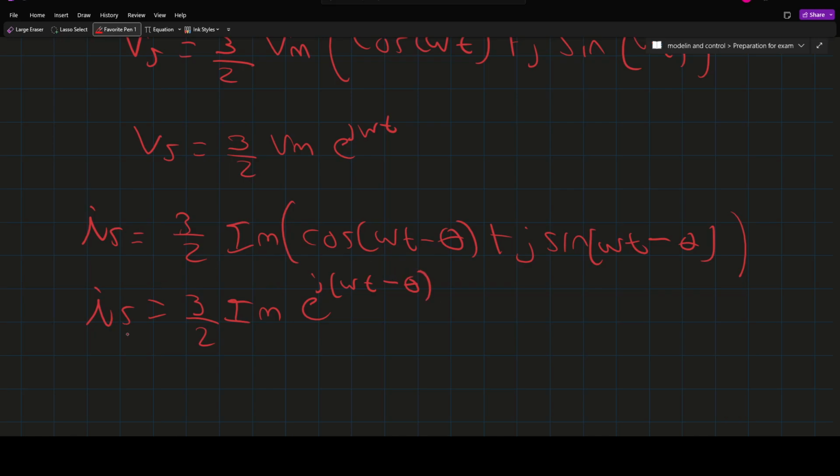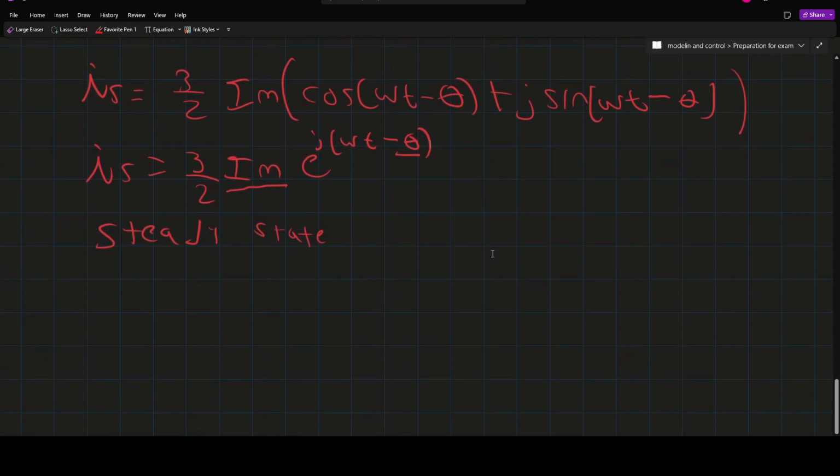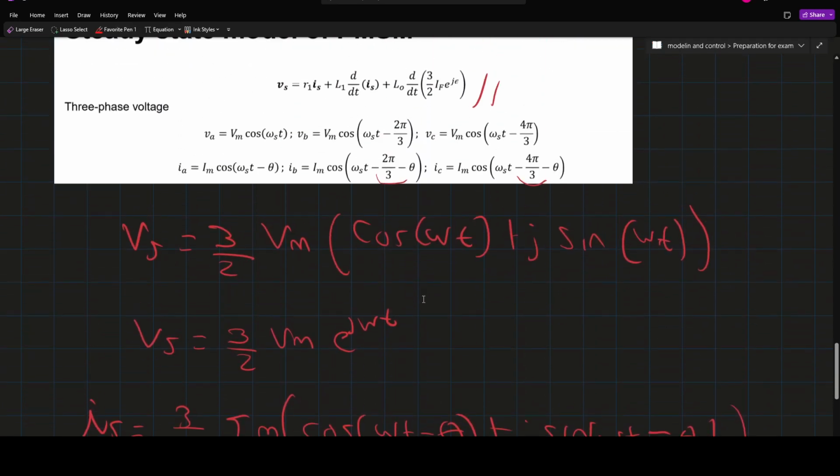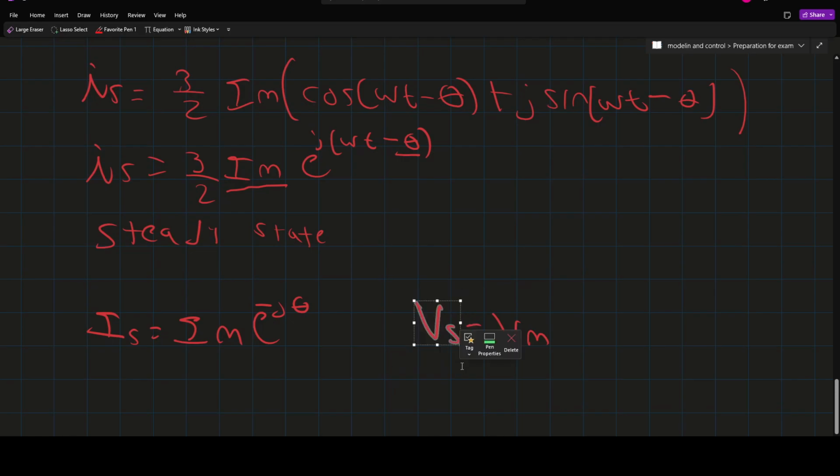Okay, so now we need to think in steady state. When we are not worrying about the time, we are gonna have Im and e^(-j theta). So we say that Is in steady state is Im e^(-j theta), and our Vs in steady state is Vm.